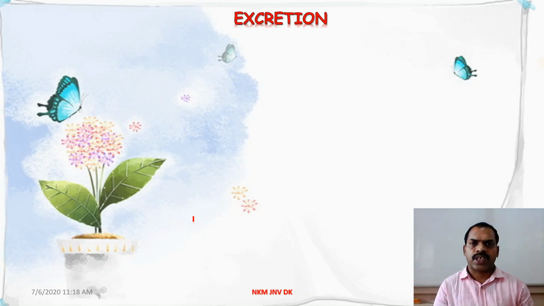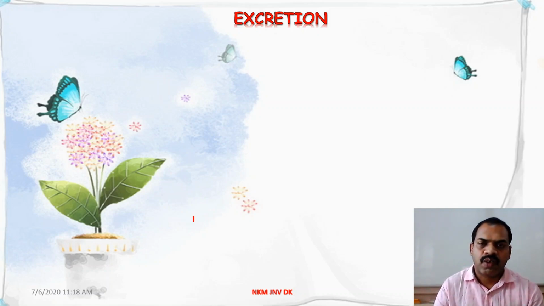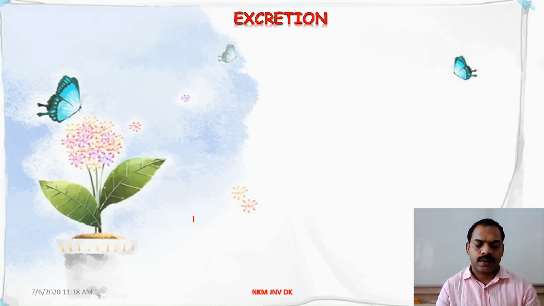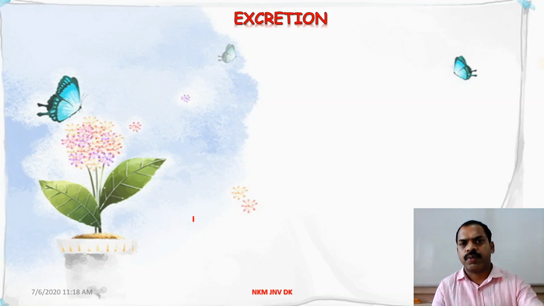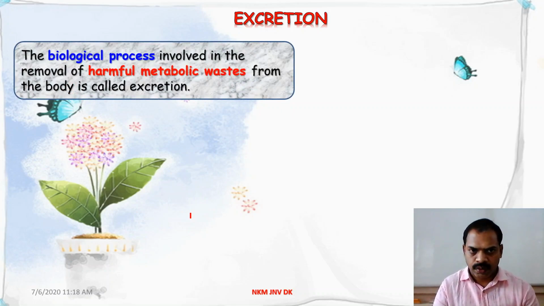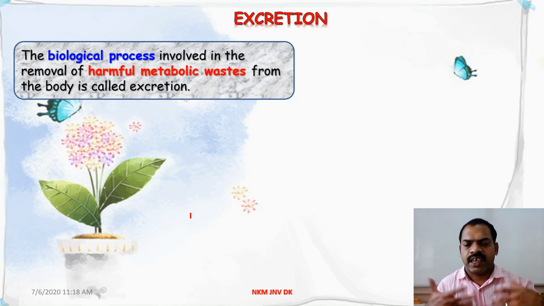Now we are going to discuss a new topic that is called excretion. So what is excretion? A lot of people have a wrong notion about excretion. The concept of excretion says that removal of metabolic waste from the body is called excretion.